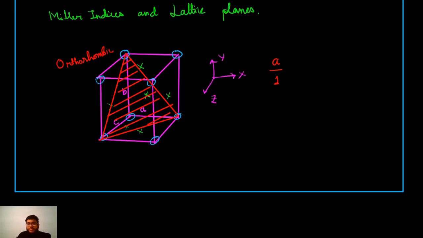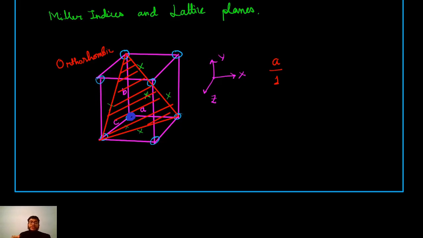This is the origin, the dark blue point is the origin. So how much distance from the origin is the plane intersecting the x, y and z axis? Or in more general case, how much distance from the origin the plane is intersecting the lattice vectors? Here the lattice vectors are x, y, z because it's an orthorhombic, but it might not be.